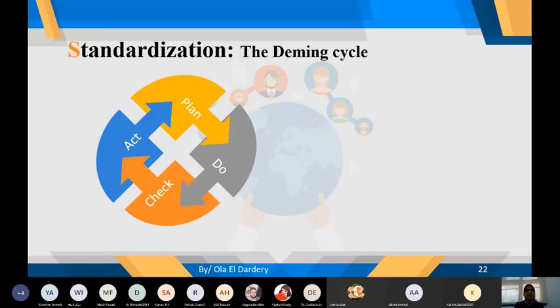So what are we talking about here? When we say plan, we mean that we are going to break down a certain problem, a certain improvement project that we have, into certain steps, and then focus on each step and how to solve it. So the plan is first of all breaking down whatever problem or improvement project that we have into a fishbone, for example, into 5 why questions, into whatever technique that we're going to be using in the planning phase, and then start working on breaking this down into certain issues and then focusing on how we're going to solve each issue.